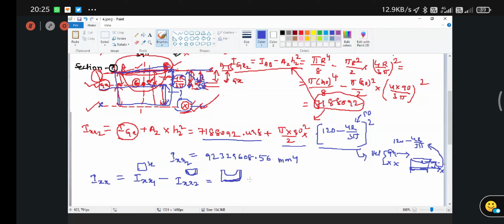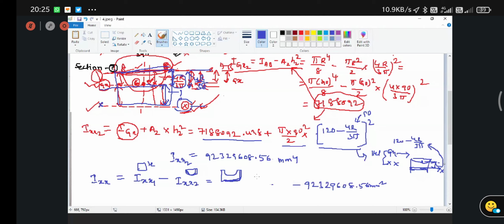Actually, the Ixx2 value I am going to get as 923296008.56 power 4. This is your Ixx2.